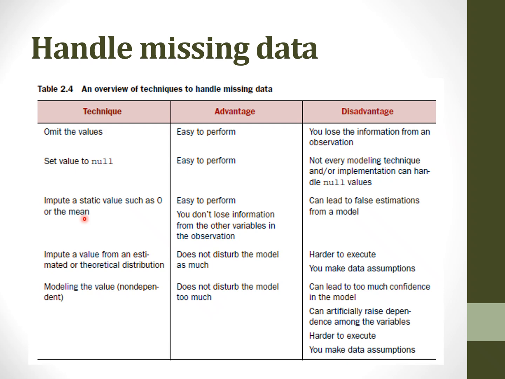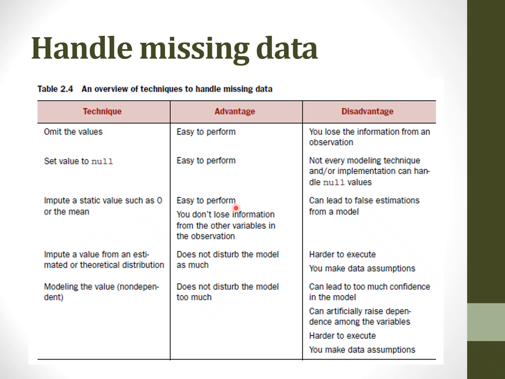The third technique is that we can impute a static value such as 0, which means wherever there is any error present, we can override the values with zeros. That can be done. Or the mean, which means all the other values present in that column can be utilized to find a value closer to the missing value, and that value can be filled in the error place.